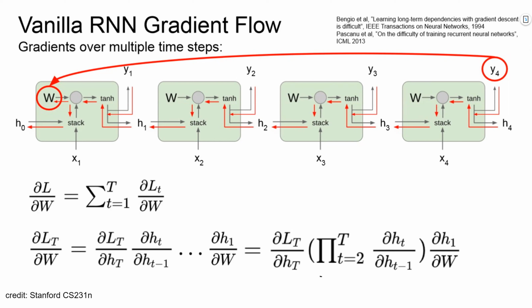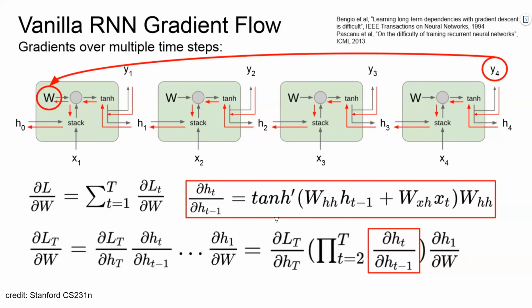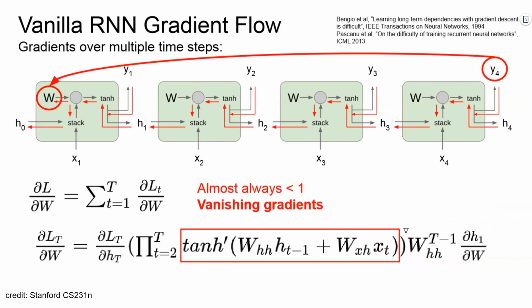Okay, so you can think about it as this one. And I told you this one is hypertangent derivative times W. And when we multiply these values multiple times, because there is hypertangent H, this one is almost always smaller than 1.